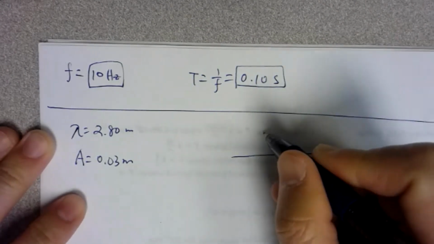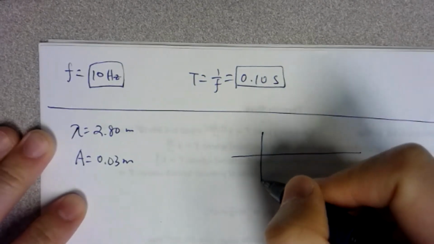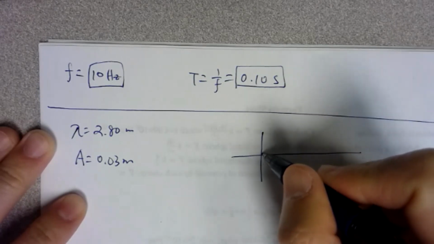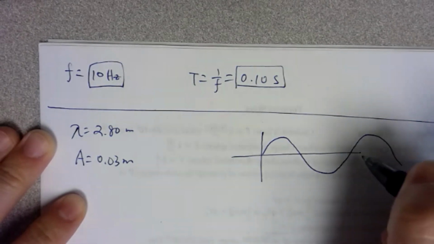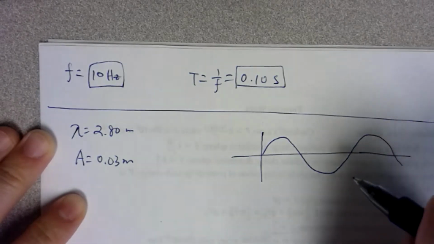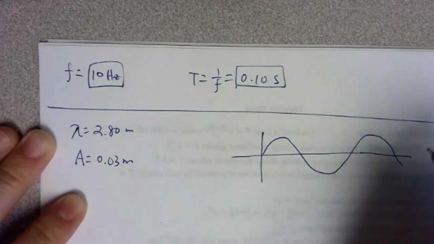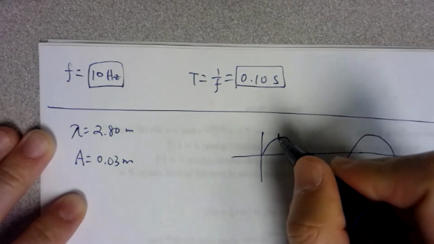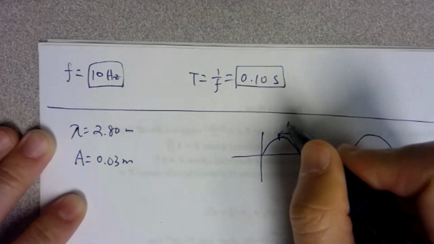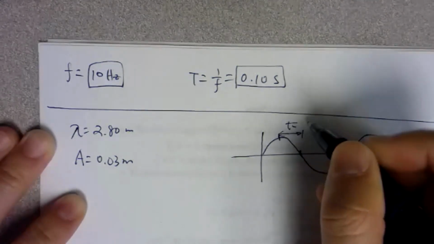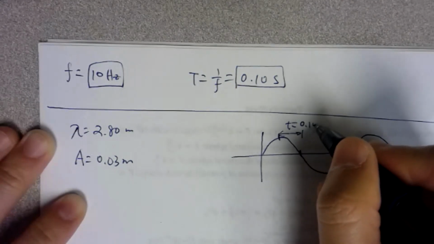It says it moves from y equal to maximum, so let's say a sine function. Okay, so it could be a cosine function. Both are sinusoidal functions. So from maximum to the equilibrium, the time it takes here, t, is equal to 0.10 seconds.